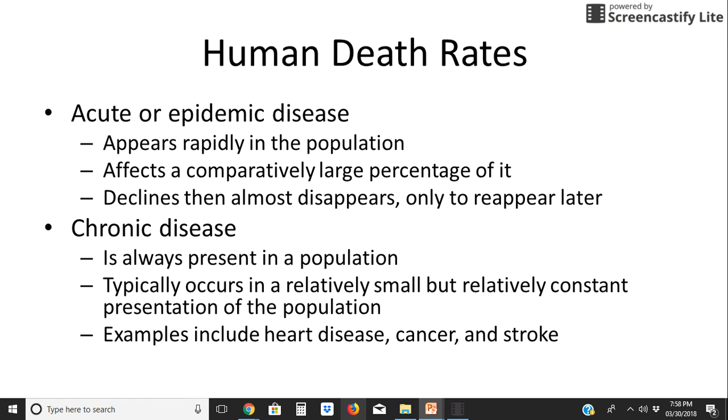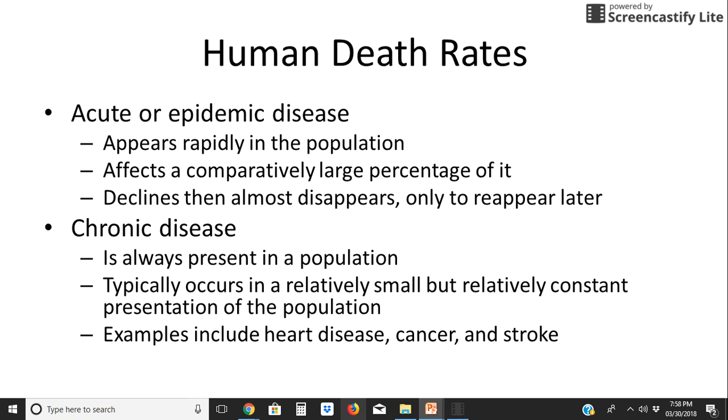And so human death rates can be from a few things beyond infant mortality. We're looking at beyond infancy, and these can be an acute disease or an epidemic. So, like right now, it'd be like the flu, right? It's very acute, and it appears very rapidly.